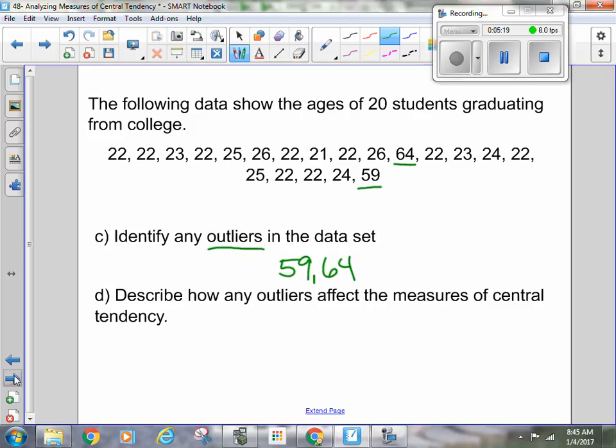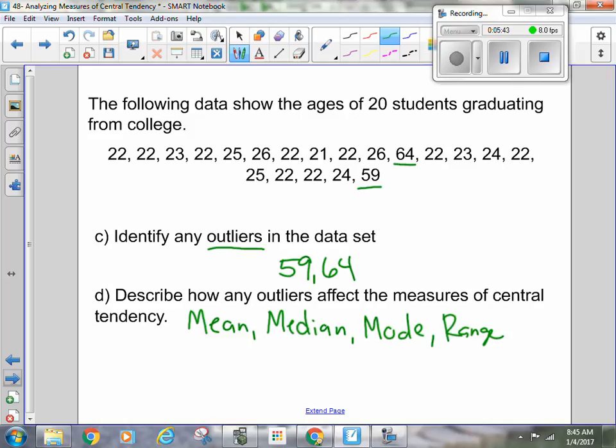Okay, so measures of central tendency, remember mean, median, mode, range. So mean as our average. So if we have two really big numbers and we add them in, they're going to pull our mean to be higher.